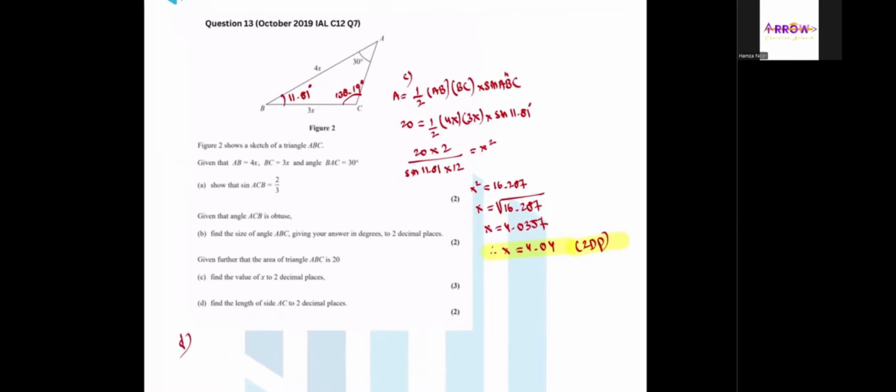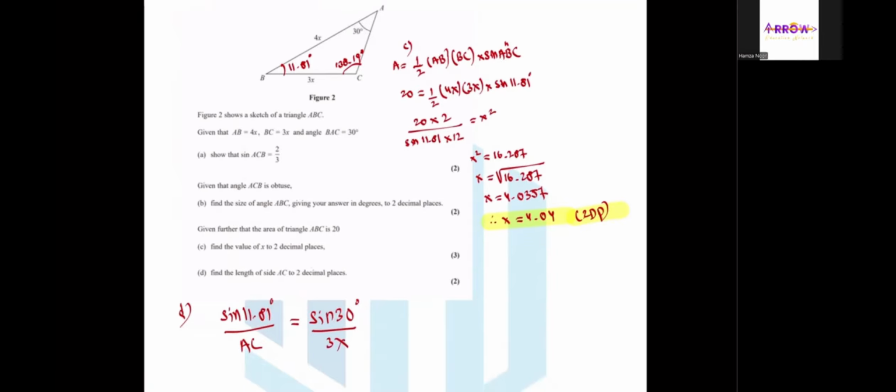The most important thing is that whatever comes to your mind first, you just do it that way in the exam. No need to waste time thinking much. So I'm going to use a sine rule here. Sine 11.81 divided by AC is equal to sine 30 degrees divided by 3x, or I can use sine 138.19 divided by 4x as well.